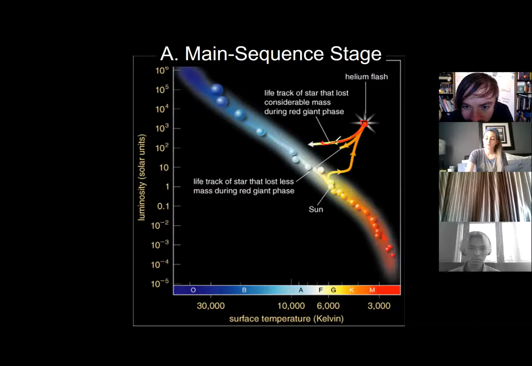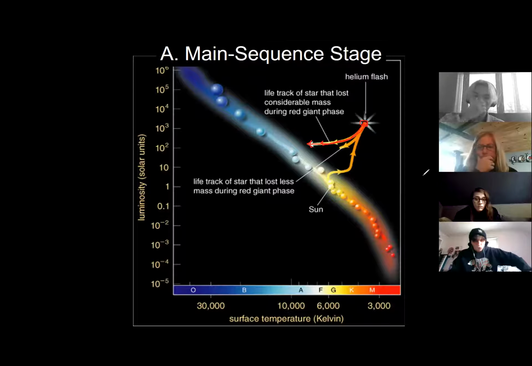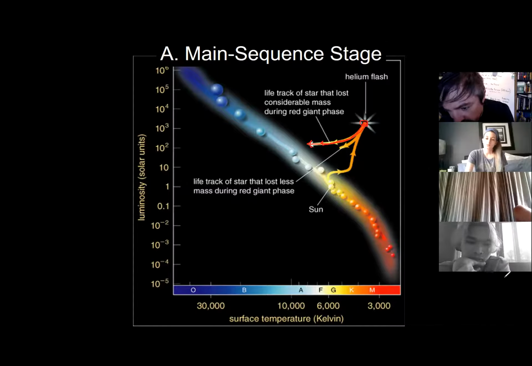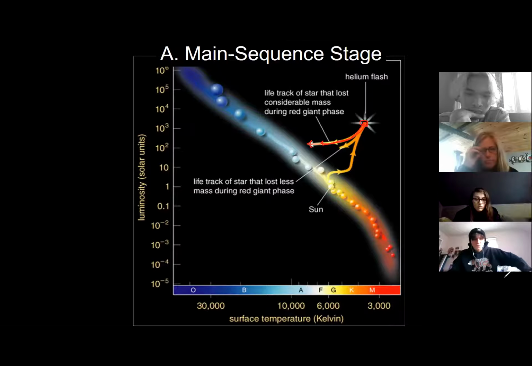Arunsak, what's happening to the temperature as it turns into a helium fusing star? The temperature's going up. What is happening to the radius of the star? Feel free to help Arunsak, anyone. He answered the last one correctly, so I thought he might know.